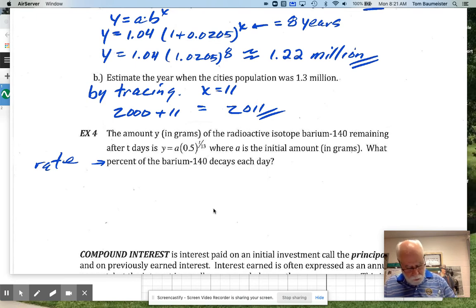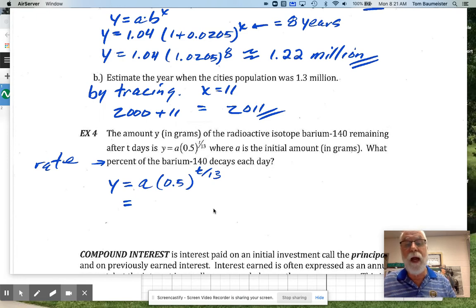So we can write this as y is equal to a times 0.5 raised to the, again, I'll write it for you here, t divided by 13. So now remember on this, we're going to use something that we just did in our last chapter.